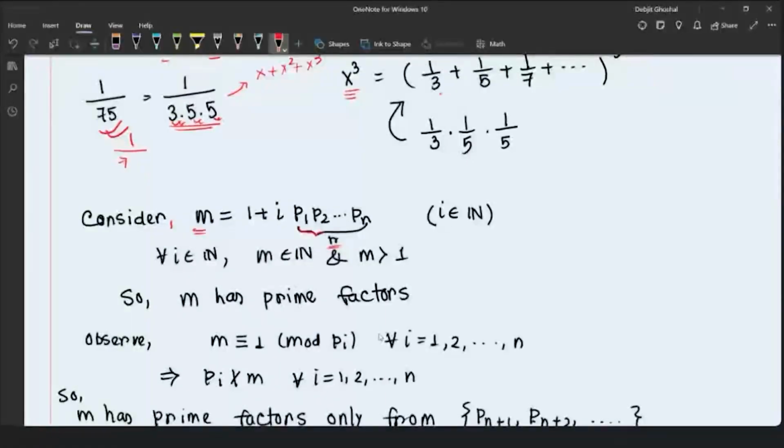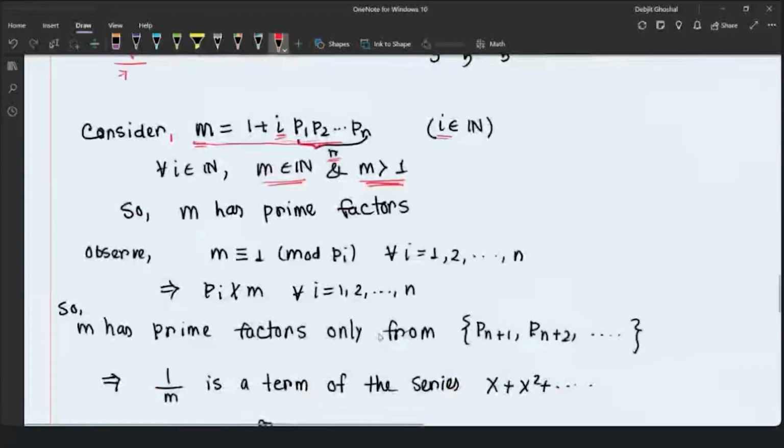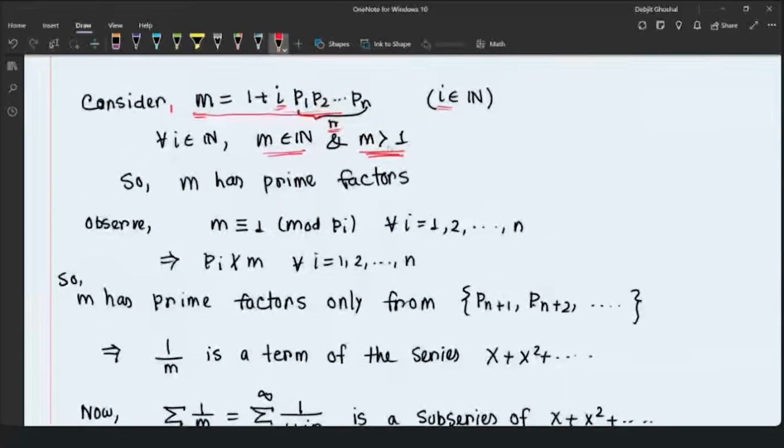Now see, for any r, this is a natural number, obviously, because 1 is natural, and m is also greater than 1, because m is 1 plus something, and this part is obviously non-zero, so m has to be greater than 1. Now, by the fundamental theorem of arithmetic, m is a natural number greater than 1, so m has prime factors. Now see, m is congruent to 1 mod pi for any i.